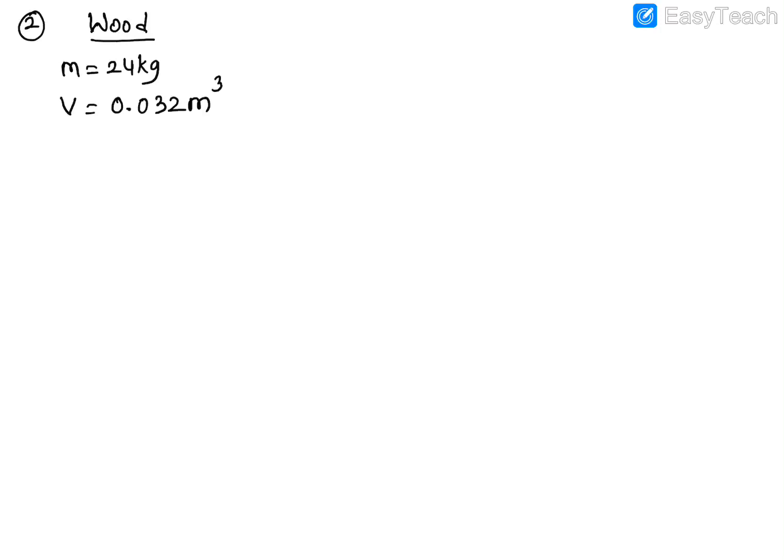Find the volume of block below the surface of water. So first there is water, so rho L is equal to 1000 kg per meter cube. Then find the volume of block below the surface of water.